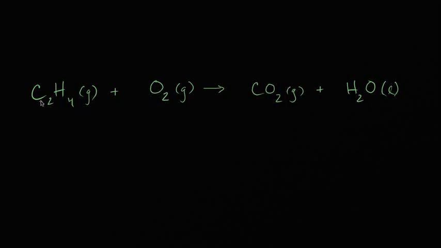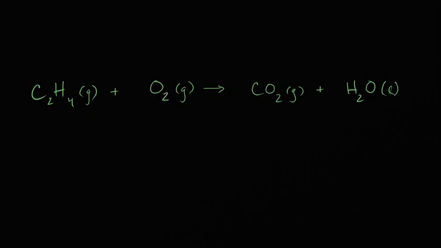If you saved, say, the ethylene for last, then when you try to change the number of carbons, you're going to change the number of hydrogens, and you're going to have to balance over and over, and you're going to go into this really, really confusing circle. So the best thing to do is try to balance the complex molecules first, and then save the single element molecules for last.